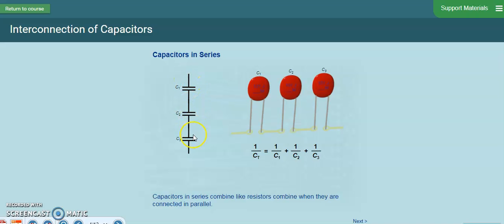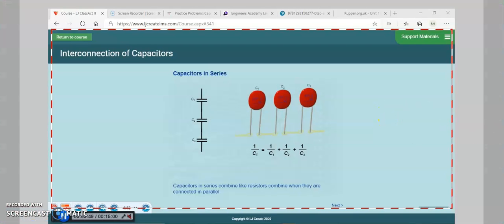This is how a series connection looks in schematics. Again, it's just the opposite of resistors in series. For resistors in series, R total is equal to just R1 plus R2 plus R3. But now it's going to be the opposite.